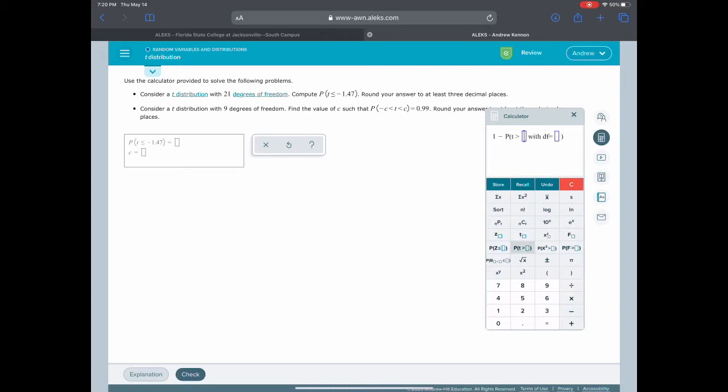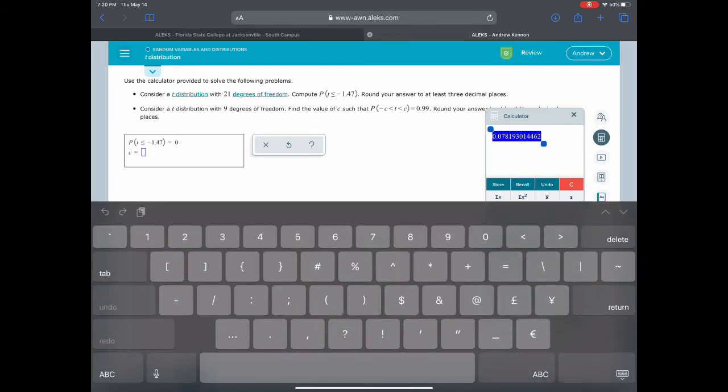It gives us our two blanks, so we enter negative 1.47, and our degrees of freedom is 21. We press enter, and we get our answer, 0.07819. It says at least 3 decimal places, so we can just leave that at 0.078.